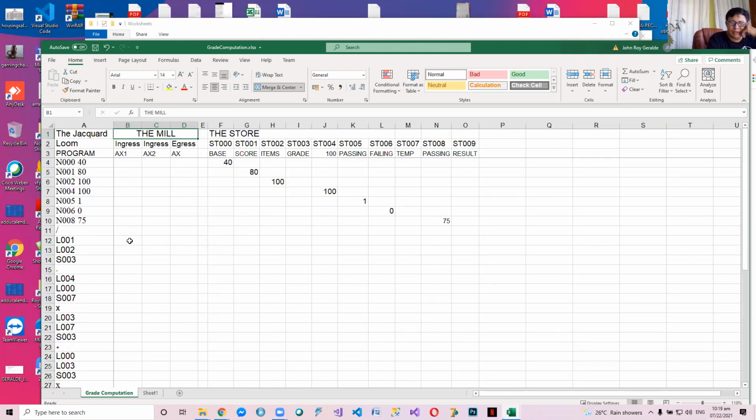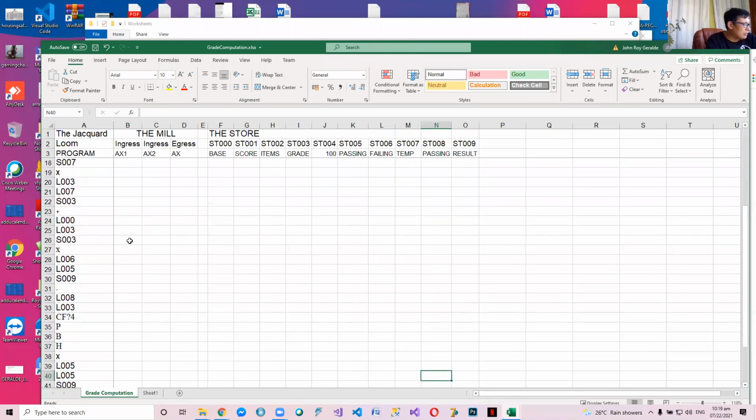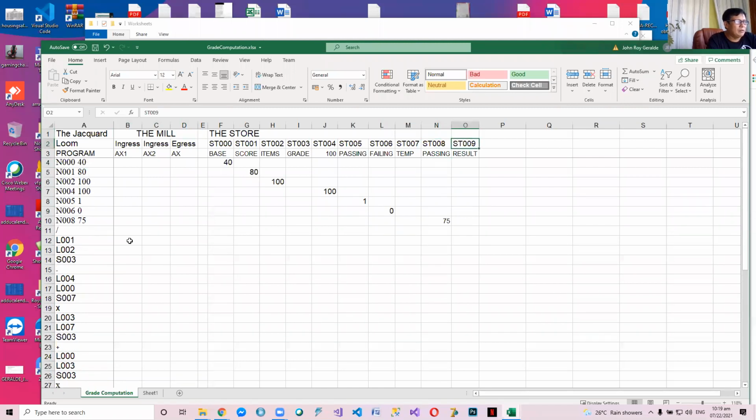And we will determine whether the grade is passing or failing. Passing means 1, failing means 0. And our passing cutoff is 75. We will store the final result in 9 here, whether passing or failing. Do you get my point?